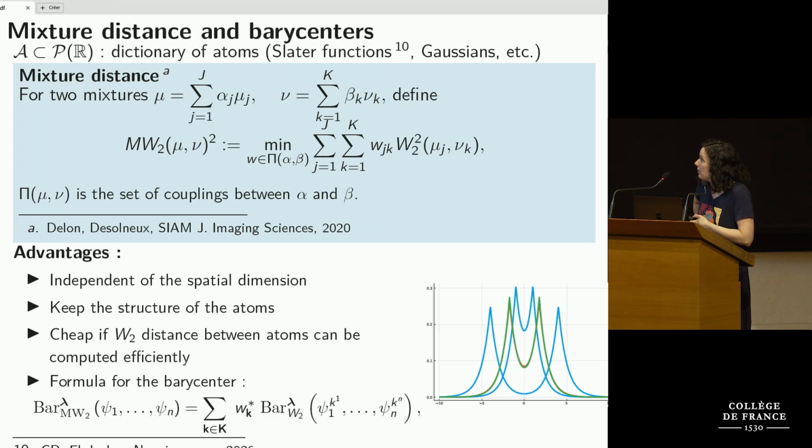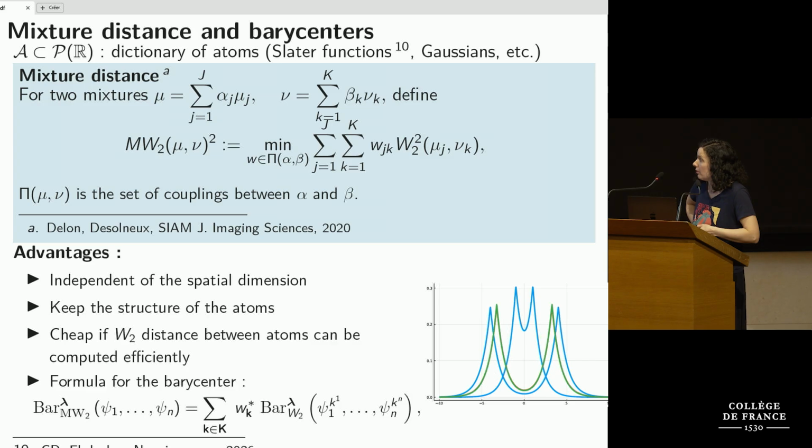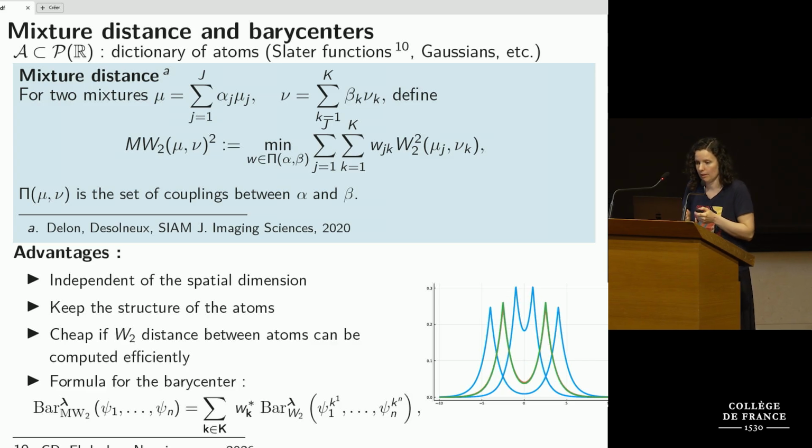What also happens is that there is a nice formula for the barycenters. The barycenter will be basically a convex combination of individual barycenters between these atom functions, so these Gaussians or Slater functions. In the case where the Wasserstein distance between the atoms can be computed explicitly, this distance can be computed efficiently.